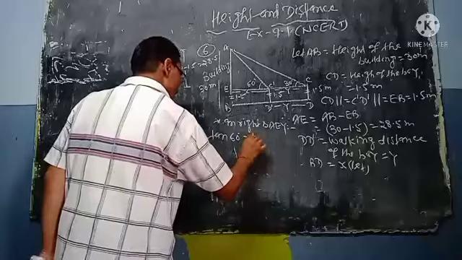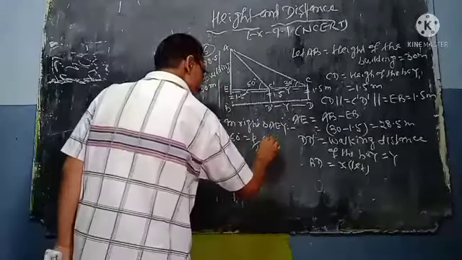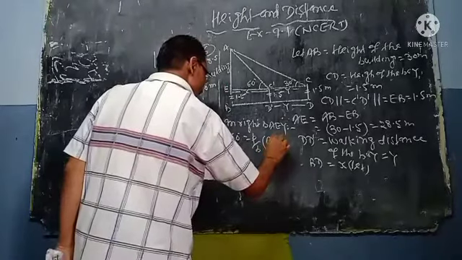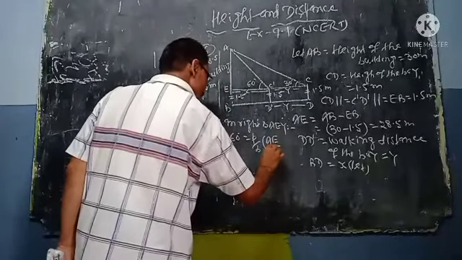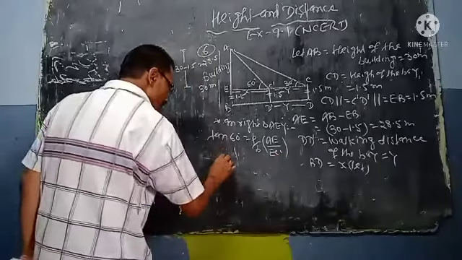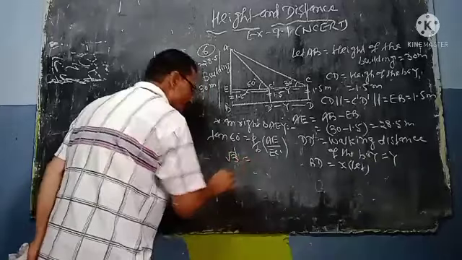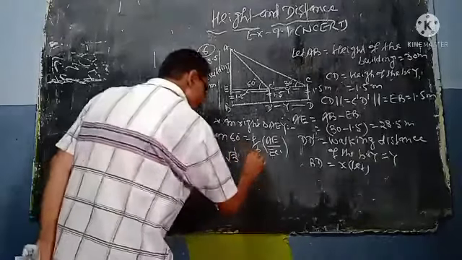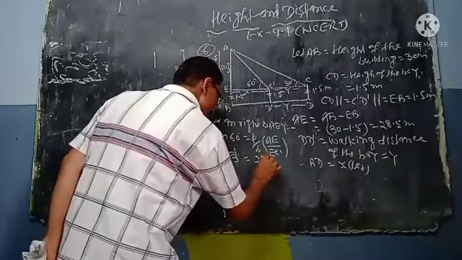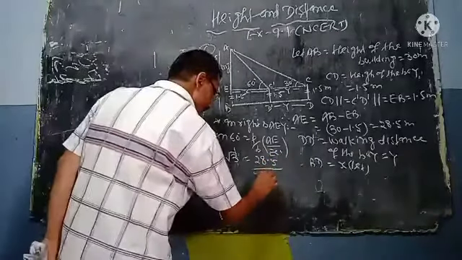That is P by B, I mean AE by EC'. The trigonometric value of tan 60 is under root 3, equal to 28.5 divided by x.